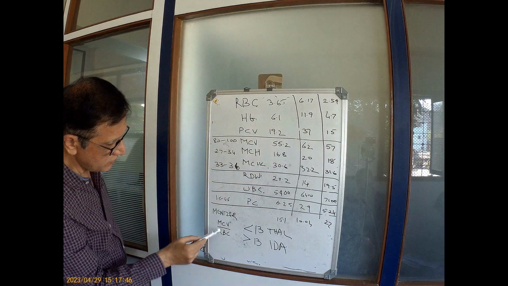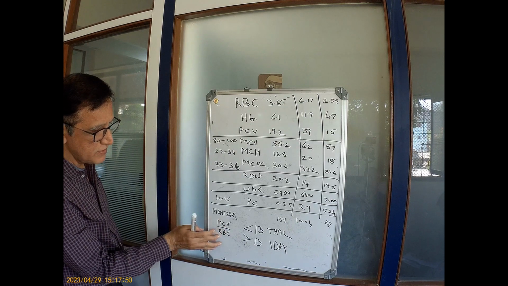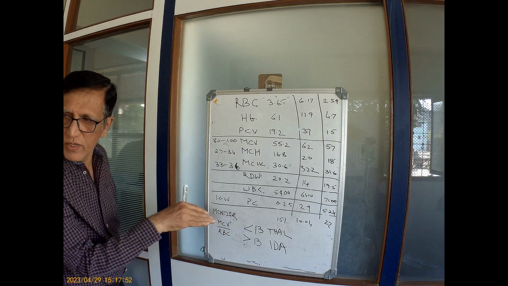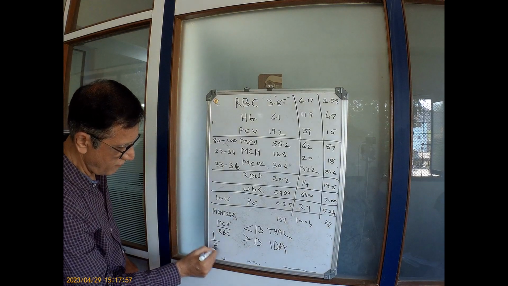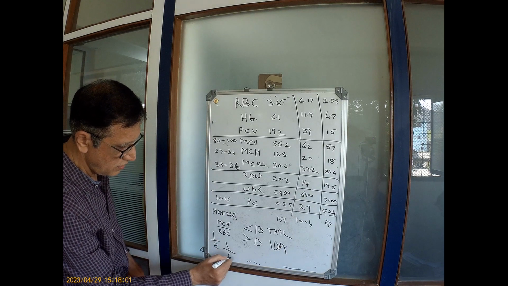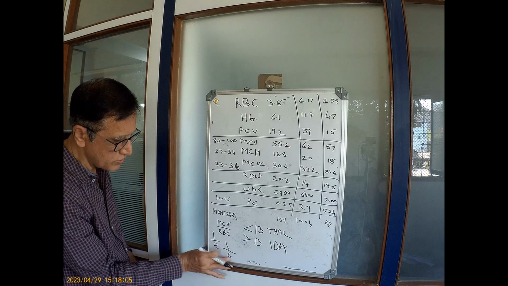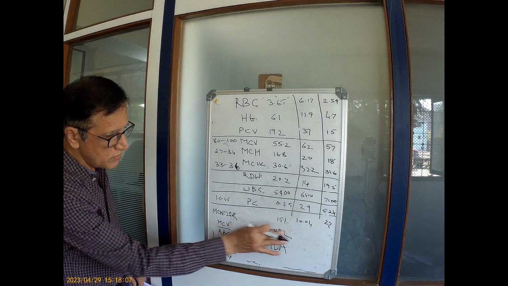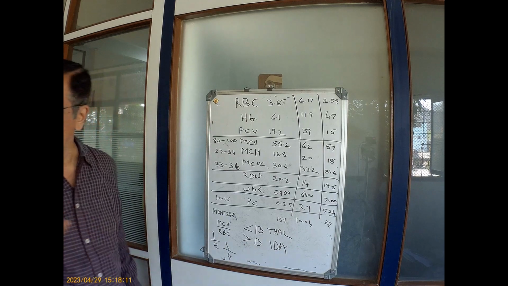So what is happening is, if the RBC denominator goes up, this value will come down. If I take half, this is obviously less. This value is going up, so this is obviously less. So this will go in favor of thal, and greater than 13 is iron deficiency anemia.